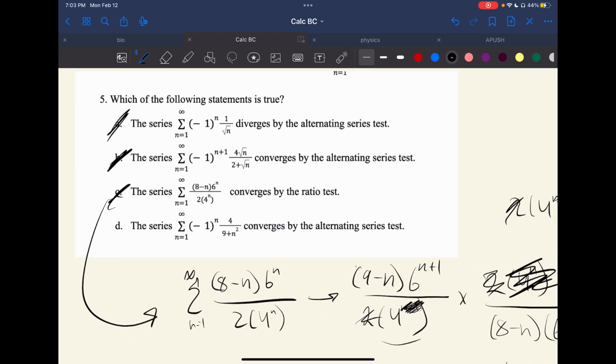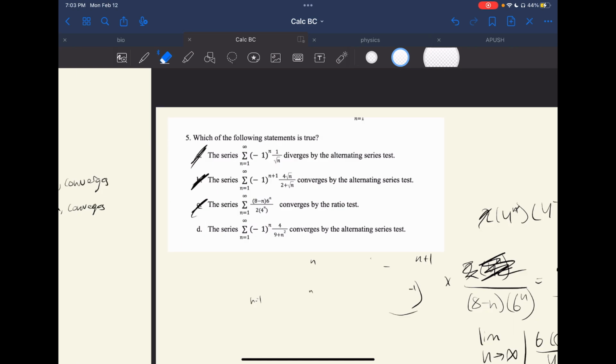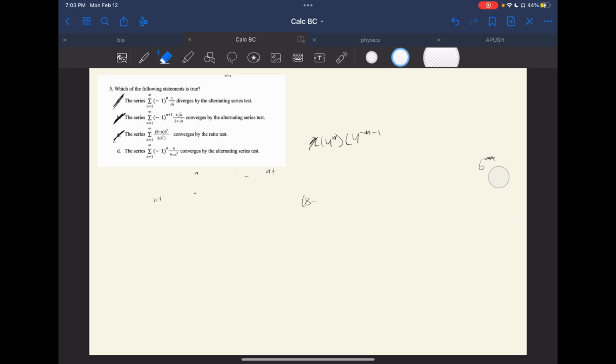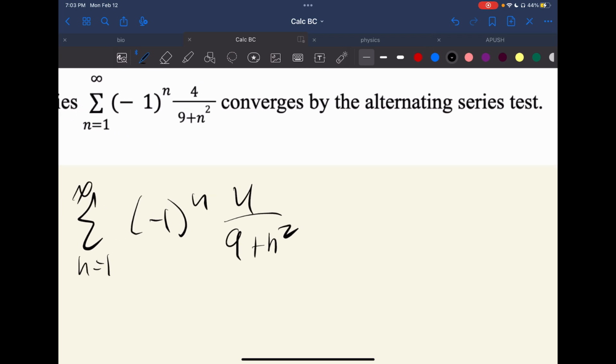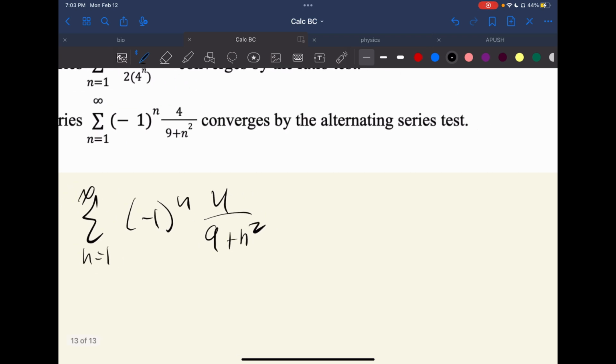And then we already know that D is right because it's a lot of work. We already know D is right because we got rid of everything else, but why don't we just do it? So n equals 1. So we have negative 1 to the n of 4 over 9 plus n squared. So again, this alternates and it is decreasing in the denominator.